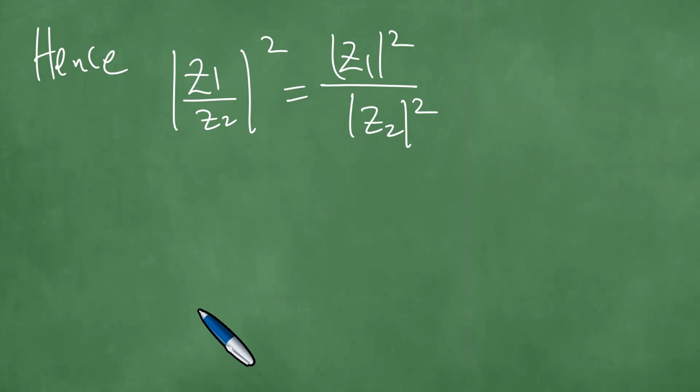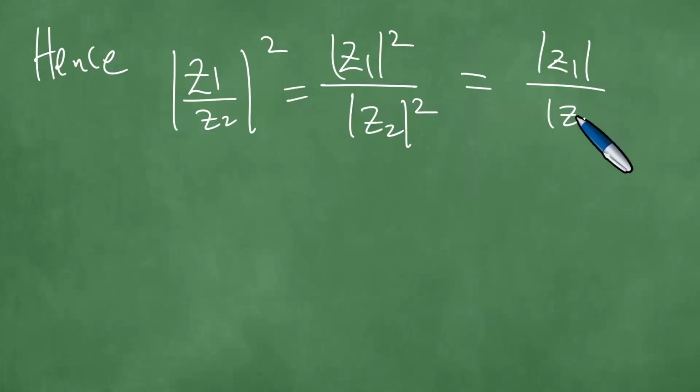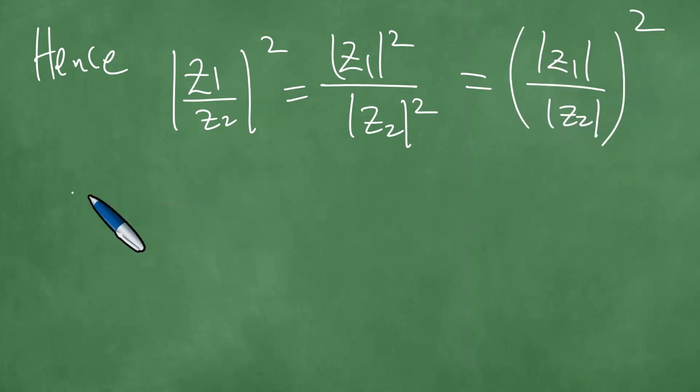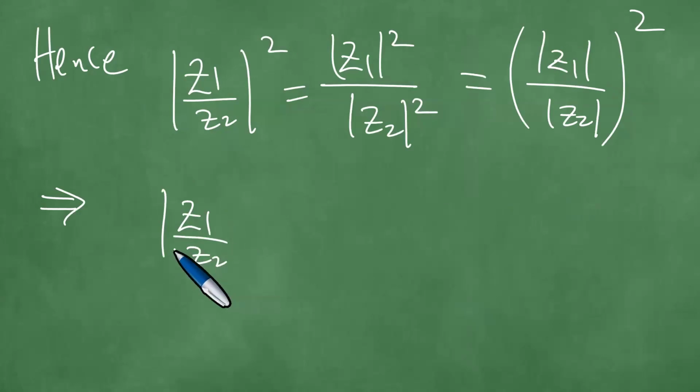Okay, now, what can we do with this? What can we actually do now with these things here? Okay, but this thing here can be written up. If you square something like this, you square this, you square that, it is the same as the modulus of Z1 divided by the modulus of Z2, squared.